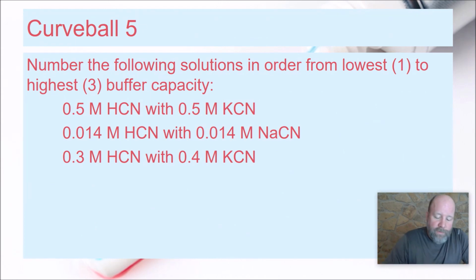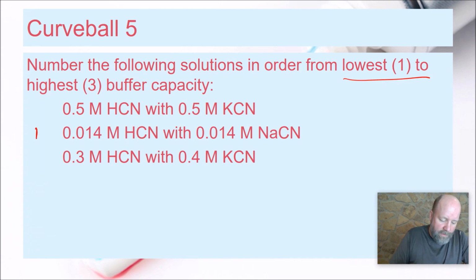Looking at curveball number 5. Number the following solutions in order from lowest to highest buffer capacities. Which one of each of these pairs can handle more addition of acid or more addition of base? All you got to really do here is look at the concentrations, and that's going to tell you which has the greater buffer capacity. Since it says number 1 should be the lowest, number 1 is going to be the one with the smallest values, and that's this one here.